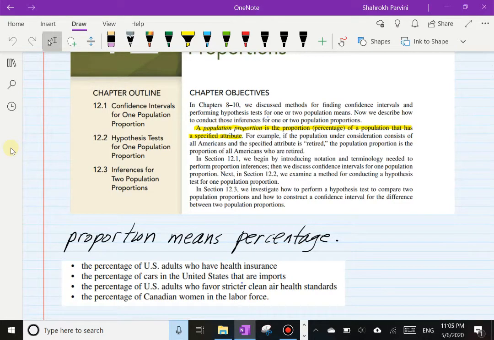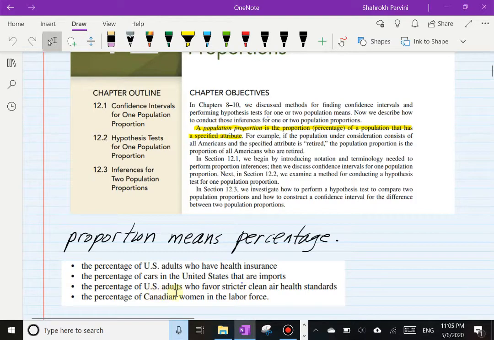Now, here are some examples from your book. Any percentage you can think of. These are just some examples the authors made up. So, for example, we may be interested in the percentage or proportion of U.S. adults who have health insurance. First example. Percentage of cars in the U.S. that are imports.